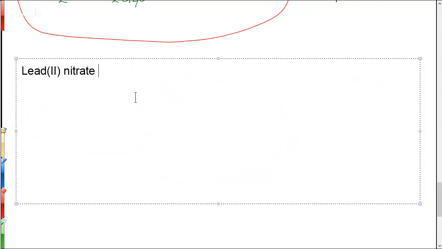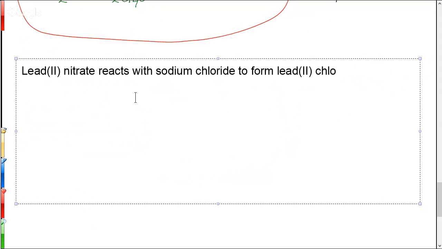Lead 2 nitrate reacts with sodium chloride to form lead 2 chloride precipitate and sodium nitrate. Excuse me.